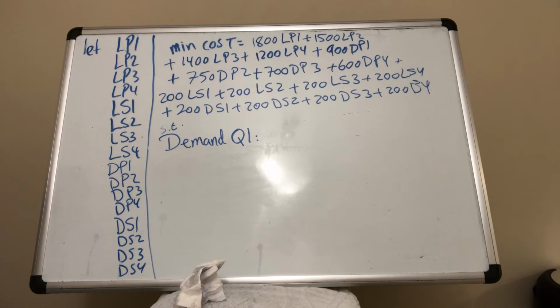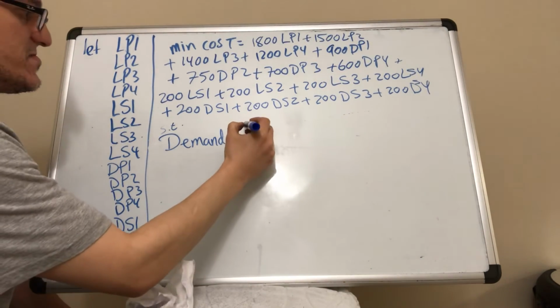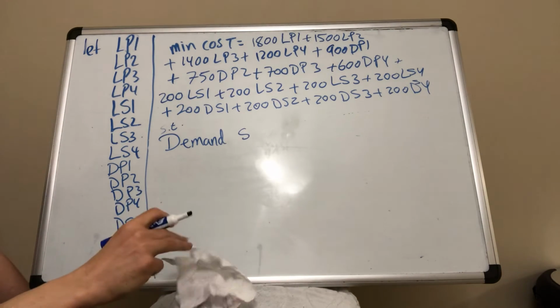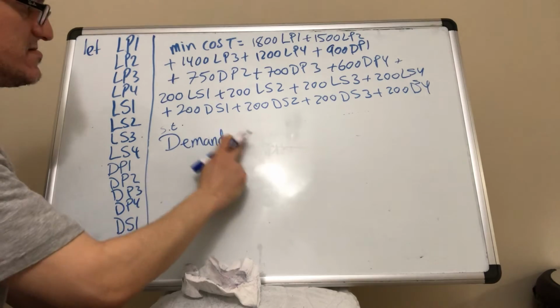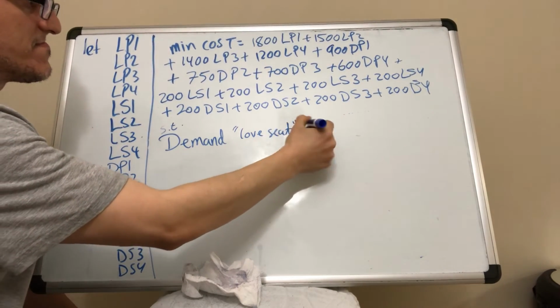Each one of them has a demand. So we have to do this demand of the love seat Q1.